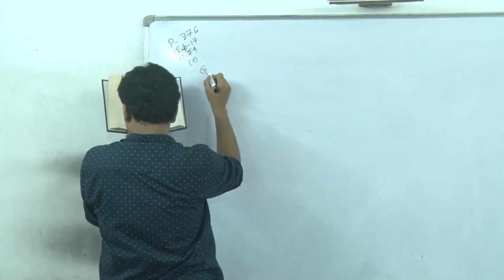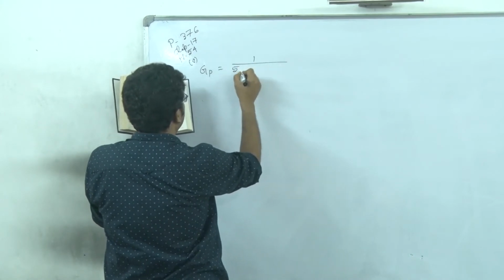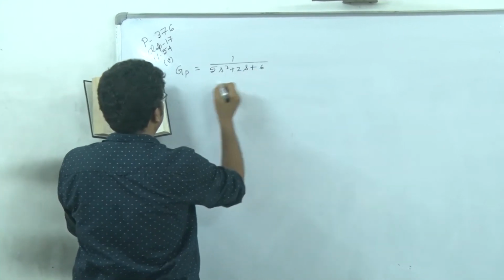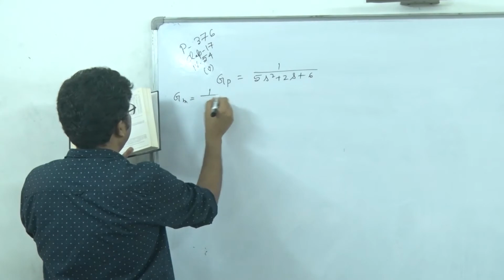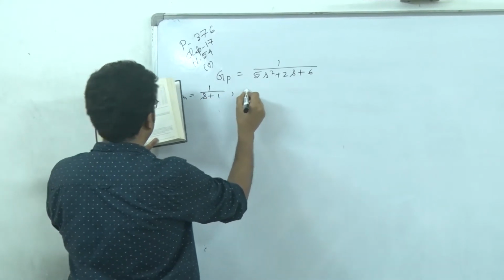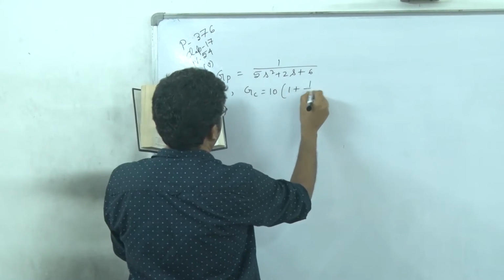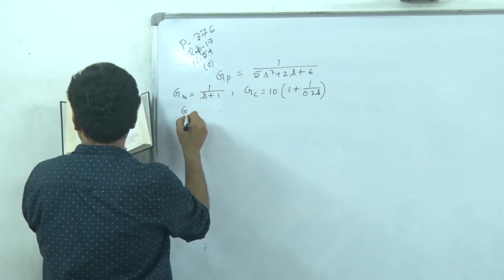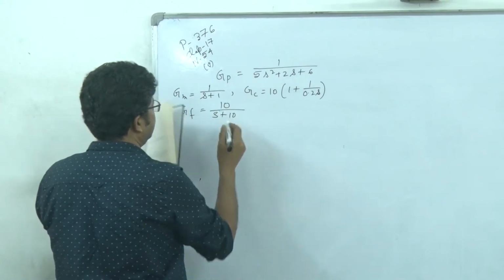It's given that Gp is equal to 1 by 5s square plus 2s plus 6, and Gm is equal to 1 divided by s plus 1, Gc is equal to 10 times (1 plus 1 divided by 0.2s), and Gf is equal to 10 divided by s plus 10.